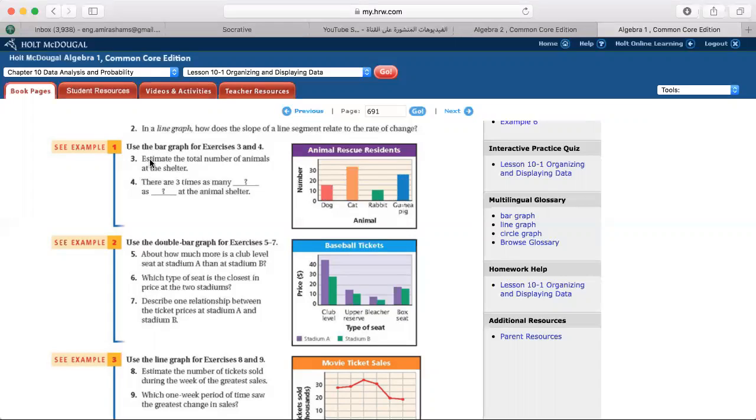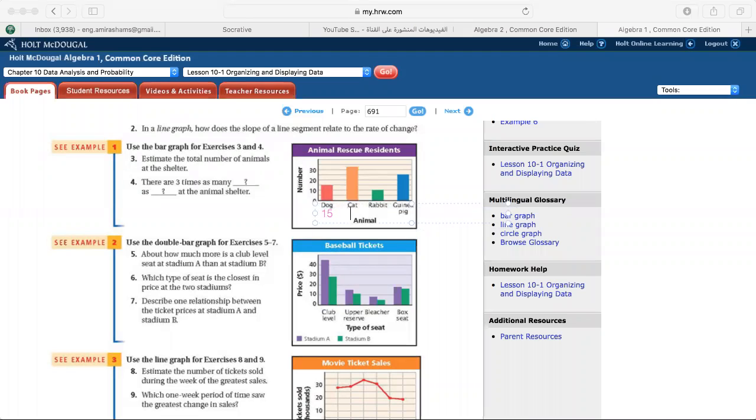Okay, here I want to estimate the total number of animals that are in the shelter. So, dog, we said that it is 15. What about the cat?